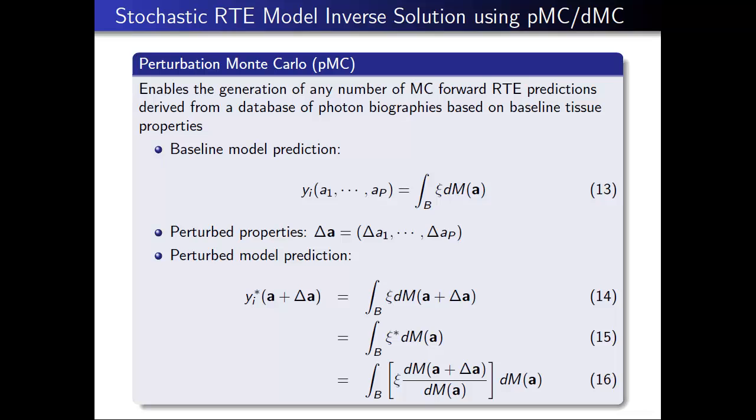But instead of doing that, you can apply a weight factor to this random variable in an appropriate way such that your result is still an estimate of your model prediction with that change, but you can use the random walks that were generated off the baseline optical properties. So this weight factor is the perturbed to unperturbed measure, and you apply that to your random variable.